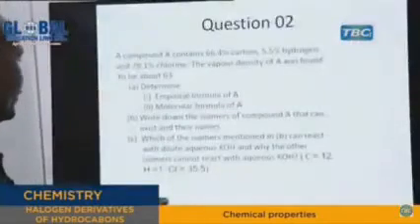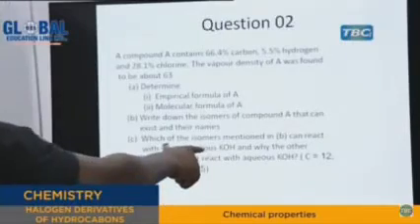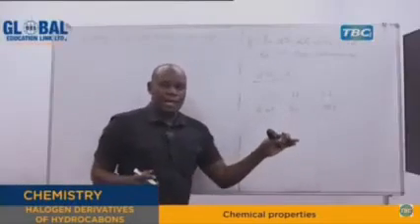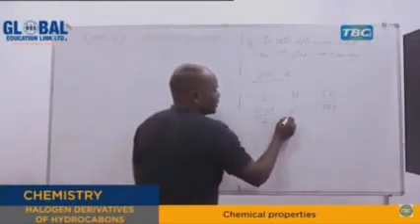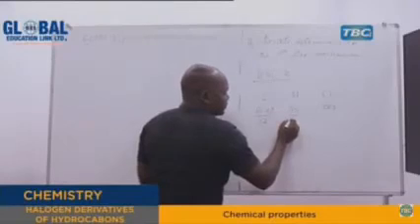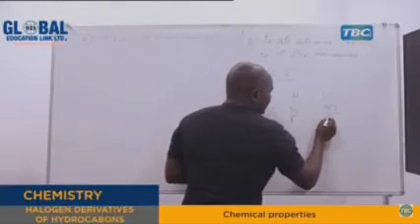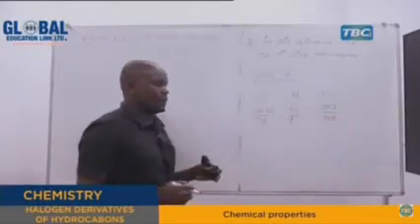Now, we have been given their relative atomic masses. So we divide the percentage by the atomic mass of each element: here we divide by 12, here by 1, and here by 35.5.